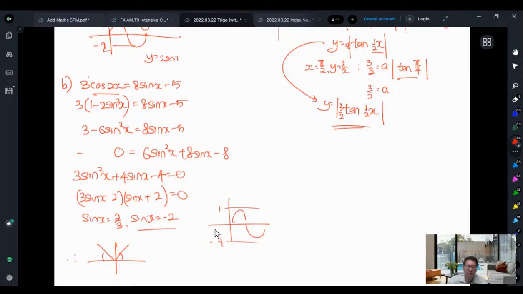Shift sine 2 over 3. It is 41.81. X equals 41.81 or 138.19 degrees. Okay. So this one is rejected.